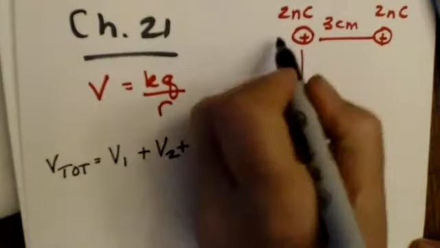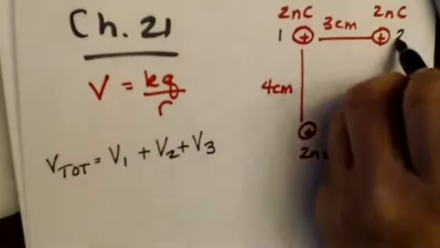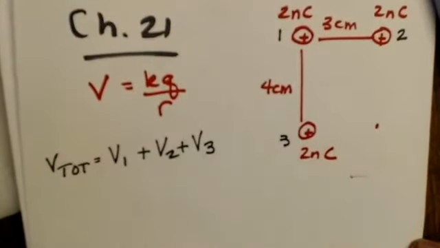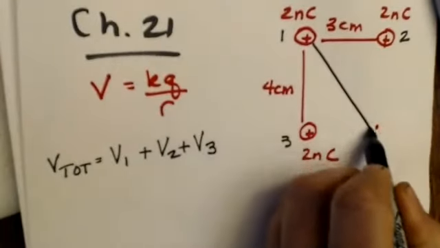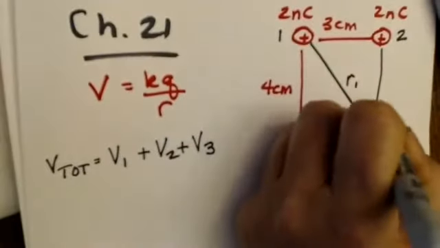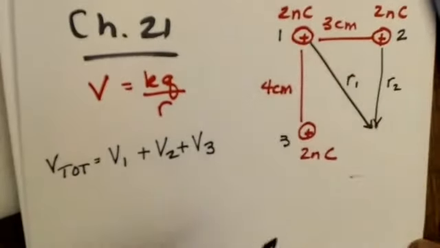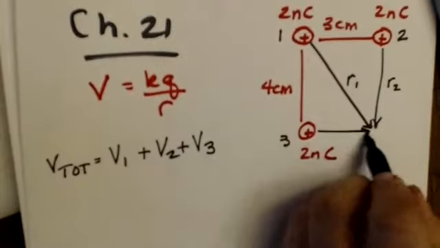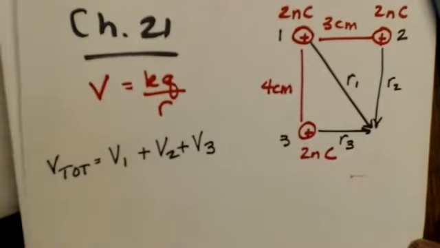So let's number these charges. Let's call this one 1, this one 2, and this one 3. R1 is going to be that distance right there, R2 that distance right there, and R3 that distance right there.